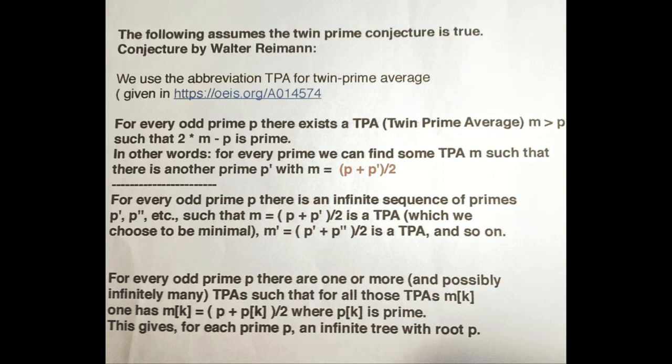This gives for each prime P an infinite tree with root P. So I hope you could follow this. And now I will show some more of my paintings just to entertain you a little bit with visual art dealing with mathematics.